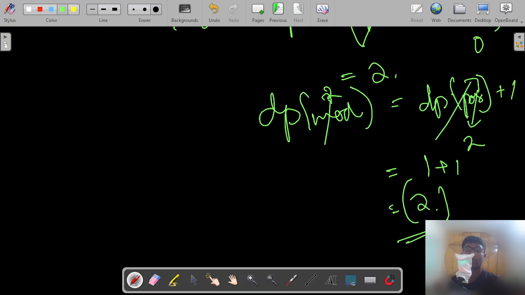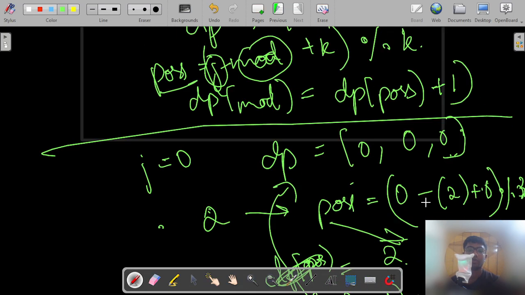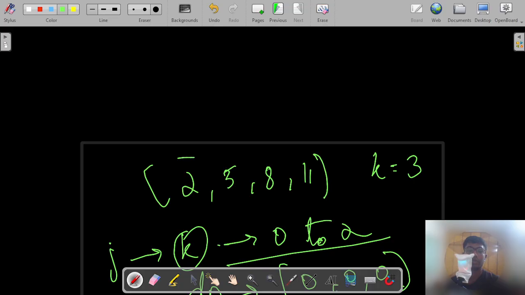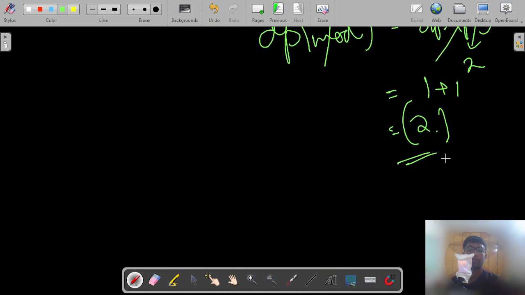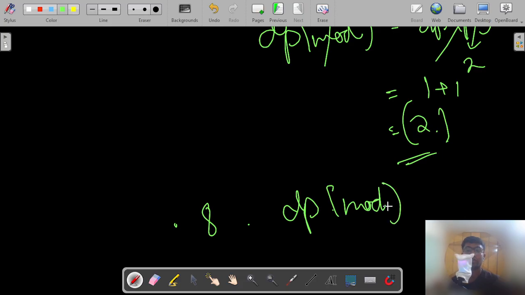So we can have a possible subsequence with these two values. That's what this means. And let's say once we go to 8, similarly we calculate dp mod. I am just skipping steps here, but our formula will be dp mod equals dp of position plus 1.